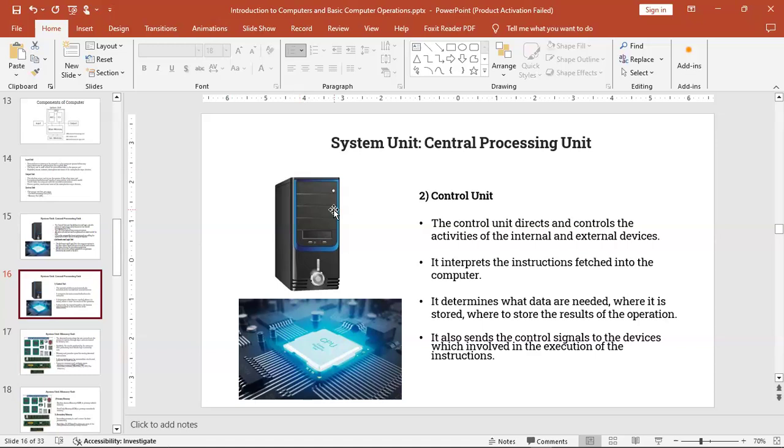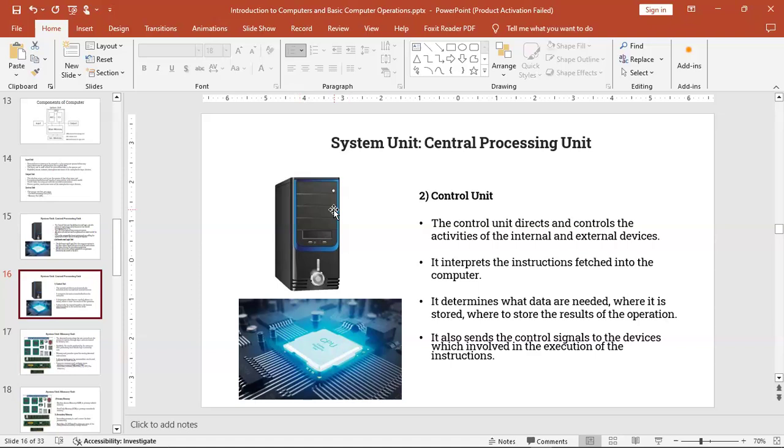So the arithmetic logic unit takes the data and performs its calculations. It's arithmetic calculations. And now the control unit interprets it to understand that, okay, this is what it meant.